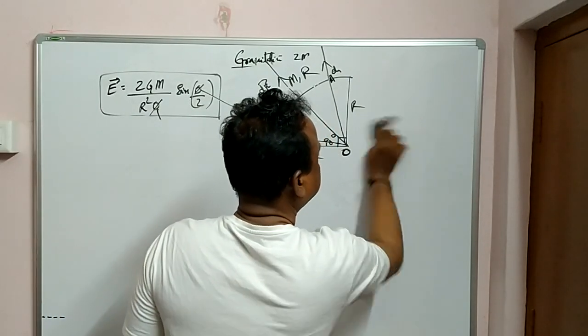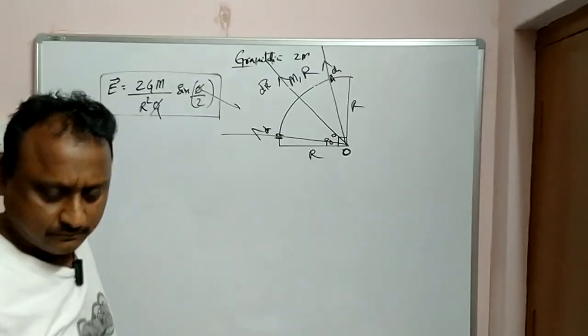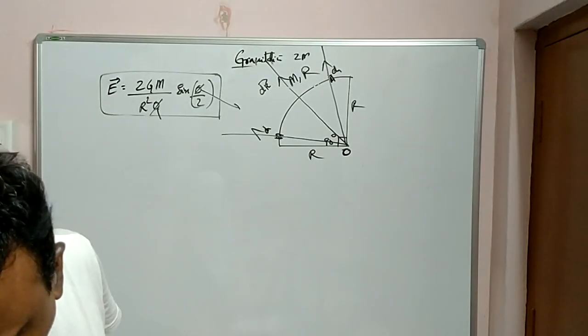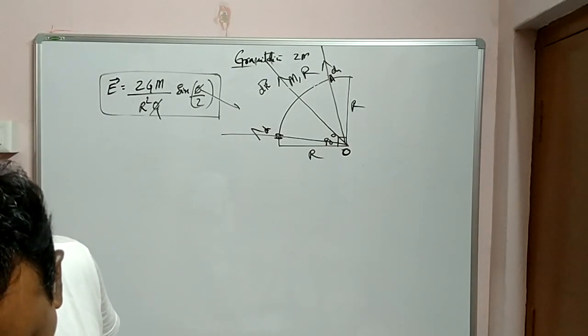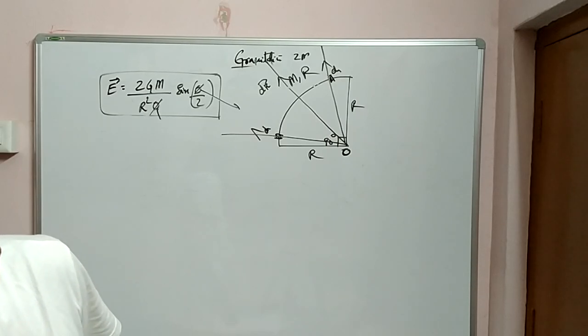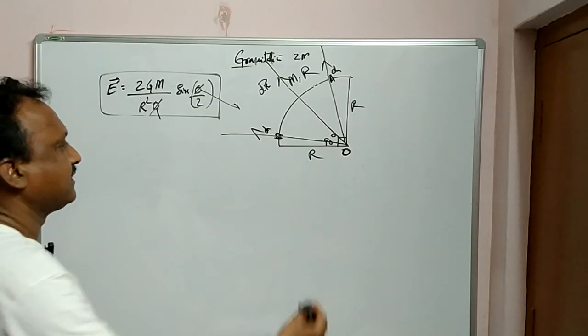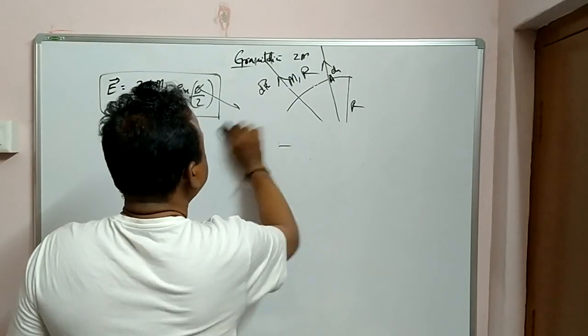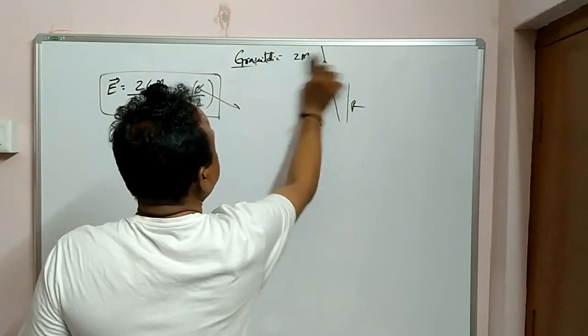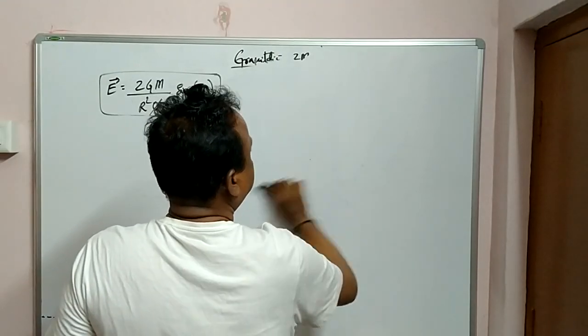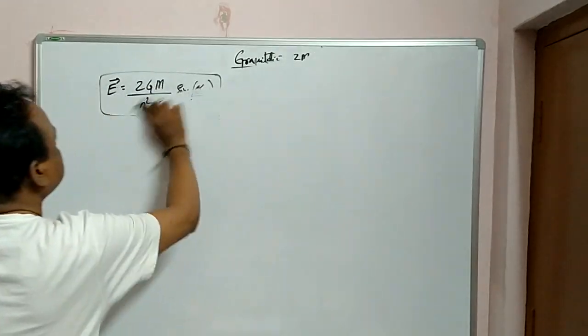Next one. Last one in this case is the uniform circular ring. Last one, what is the last one?